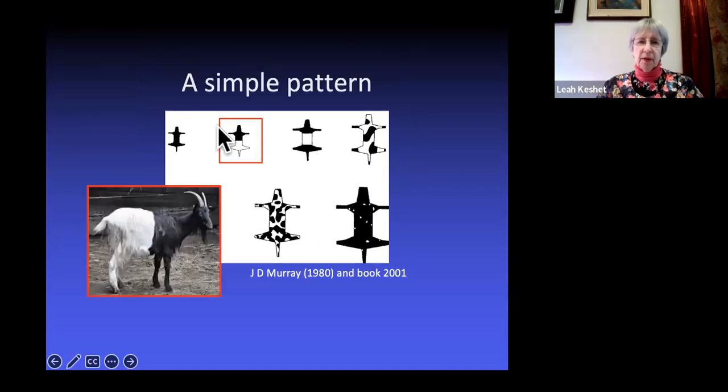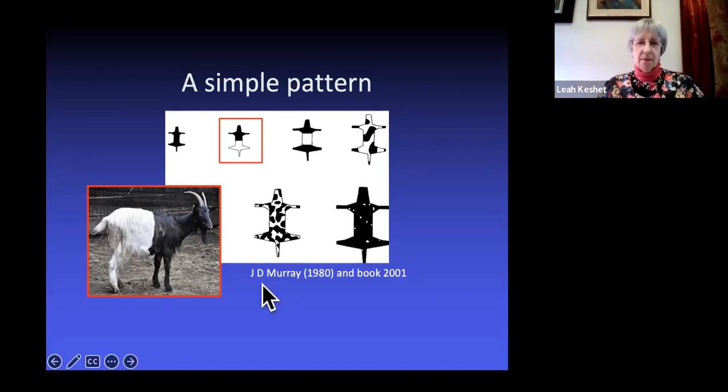I'm actually going to be focusing on one of the simpler variants of such a pattern, namely something that is merely polarized. So it has one level of activity or one type of coloration at one end of this animal, and the opposite end has a distinctly different level of activity or color.